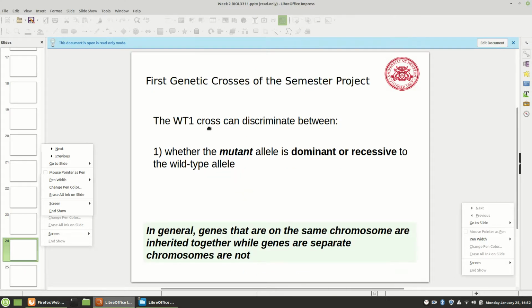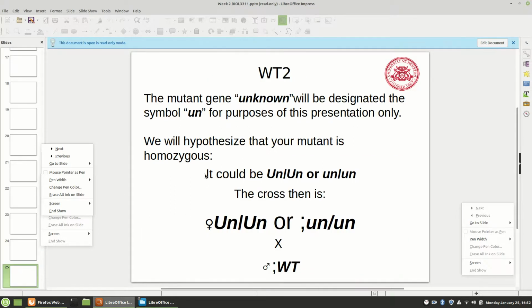So WT1, we're going to use it to discriminate between dominant and recessive traits, and you figure out whether or not your wild type was a dominant or a recessive allele. All right, so your unknown, or UN, and what do you get? Do you get a wild type?